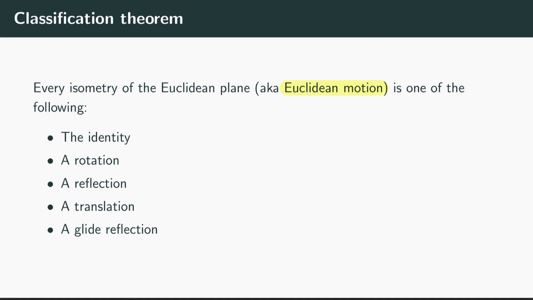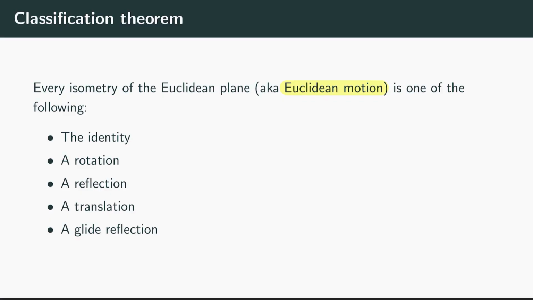It can be the identity, so it's a really boring one. It can be a rotation. We talked in our previous video about rotations. Notice that there are infinitely many rotations. I can choose any of the infinite points of the plane to be the center of the rotation, and then once I'm there, I have an infinite number of angles I could rotate by.